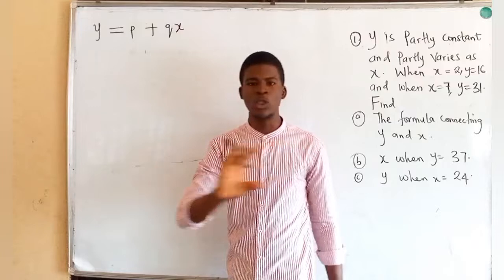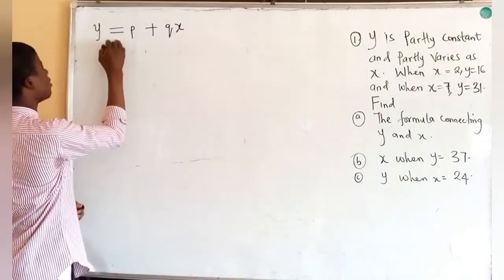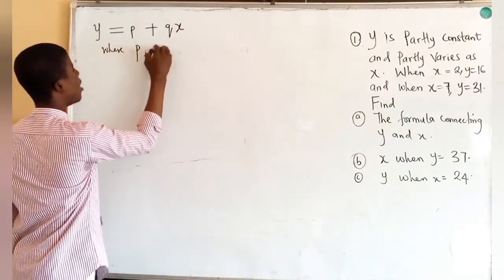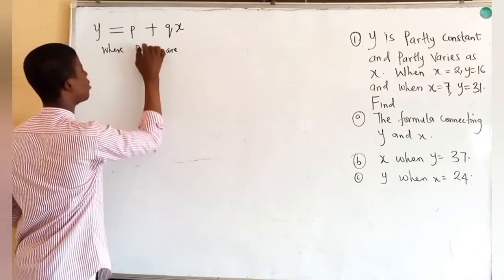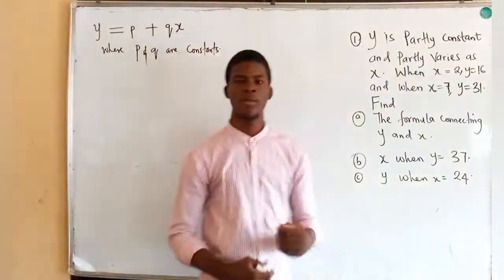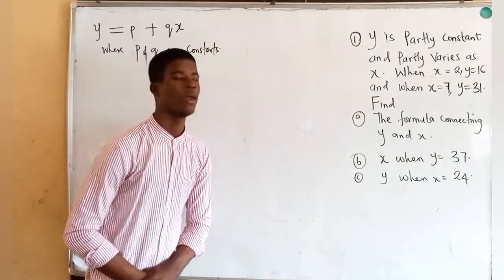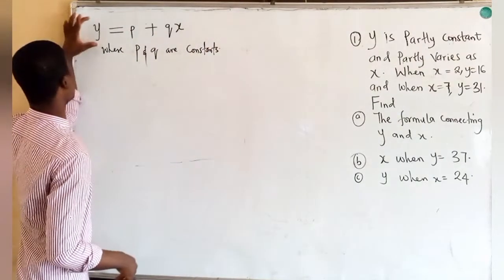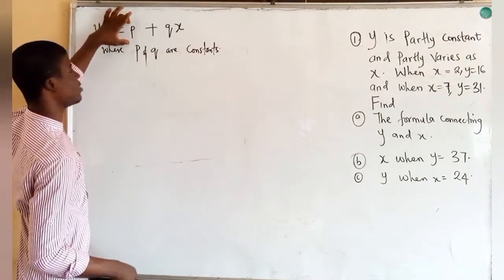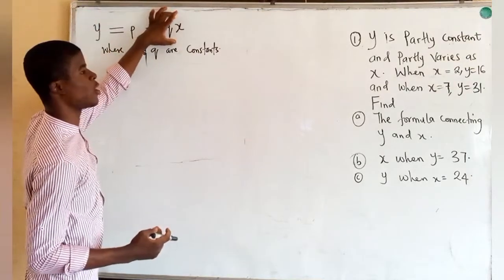This is the equation form of this statement, where P and Q are constants of variation.